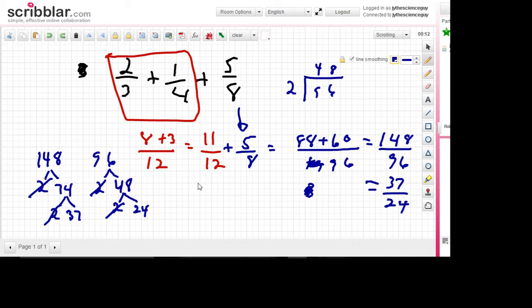So here's another way to look at it. I would have 148 over 96, and that's equal to 2 times 2 times 37, all divided by 2 times 2 times 24.